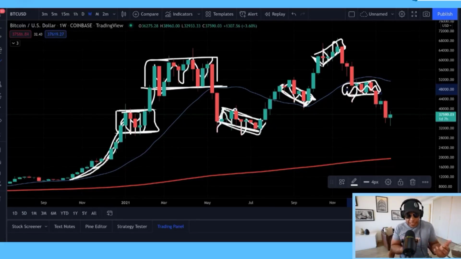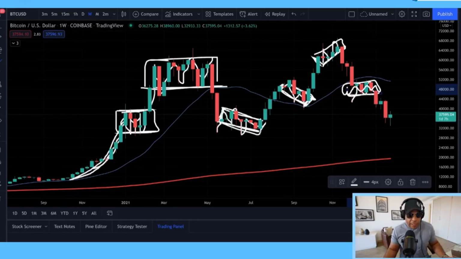So now that we see clearly where Bitcoin's weekly congestion zones are, I want you to understand that when a congestion zone is broken through, we must look to the next prior congestion area as the next area that might find some stability. Okay?